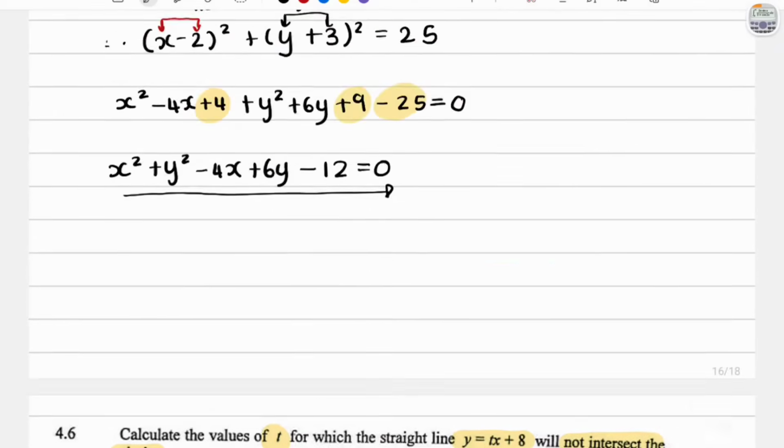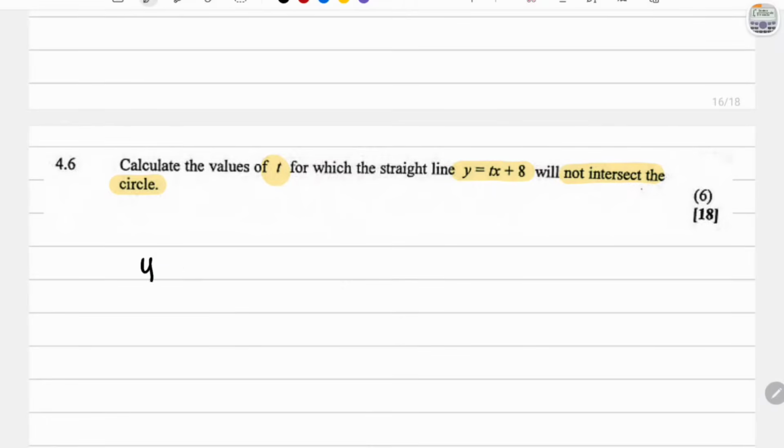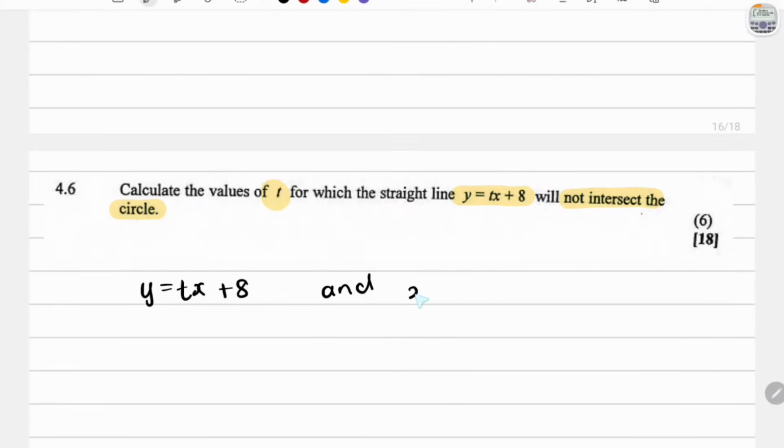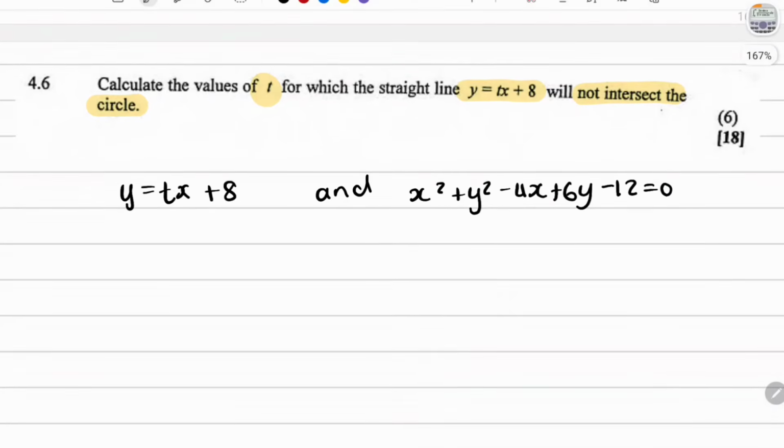There's a reason they gave us this equation. It's actually easier to use in this case. So our line is y is equal to tx plus 8. And our circle is x squared plus y squared minus 4x plus 6y minus 12 equals 0. Right? That's our circle. Let's go ahead and make them intersect first. Then we'll find out for which values of t they will not intersect.